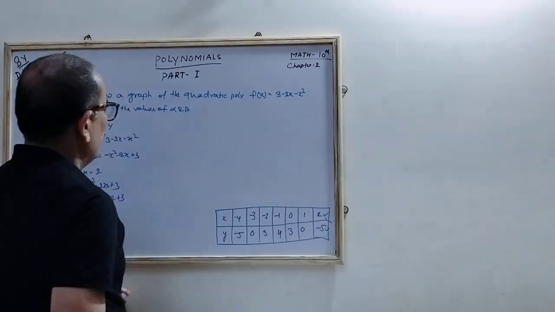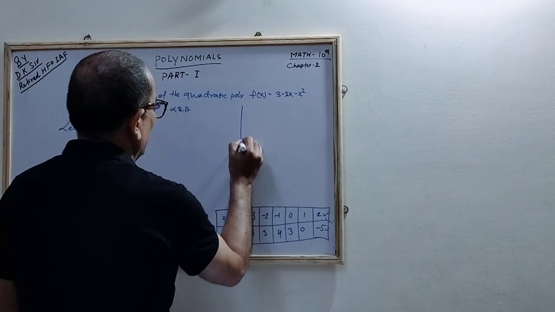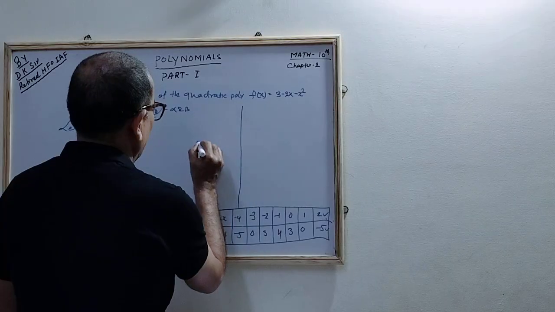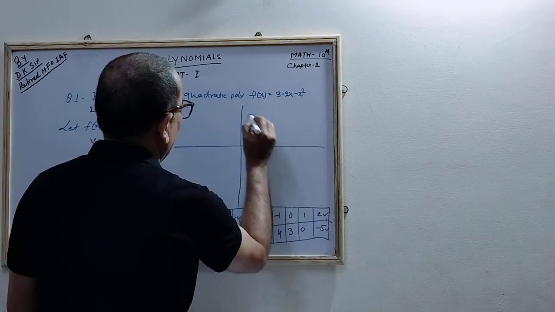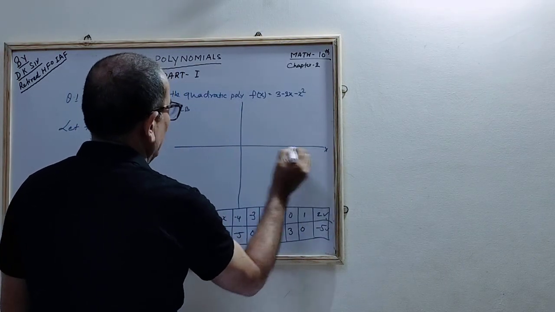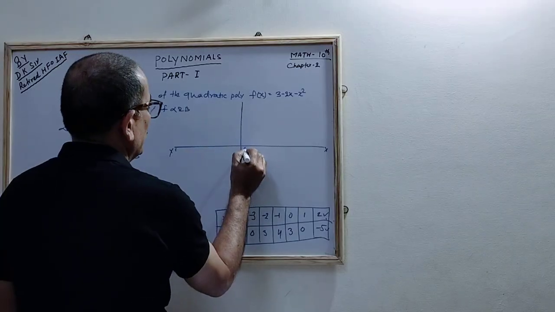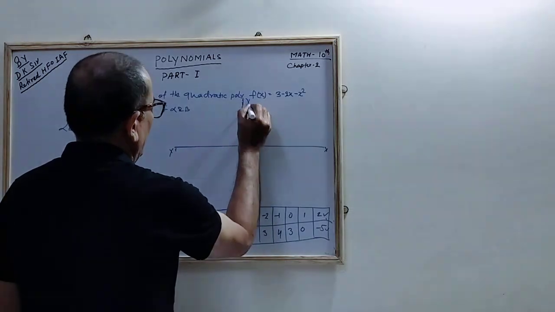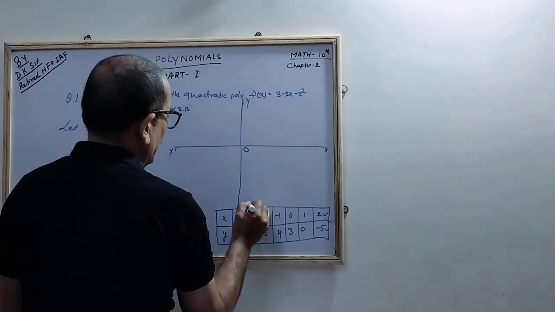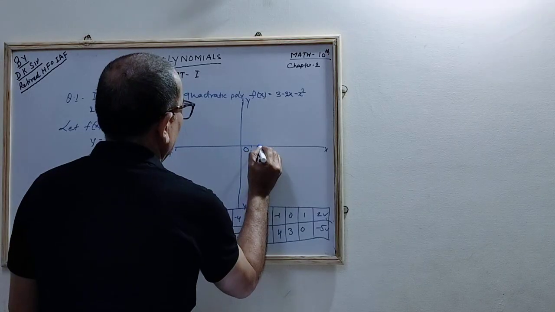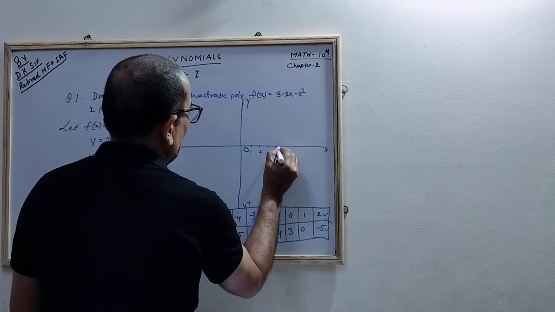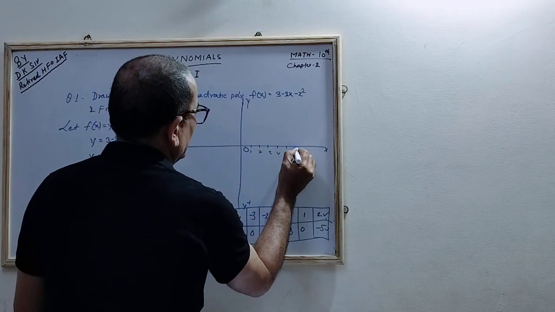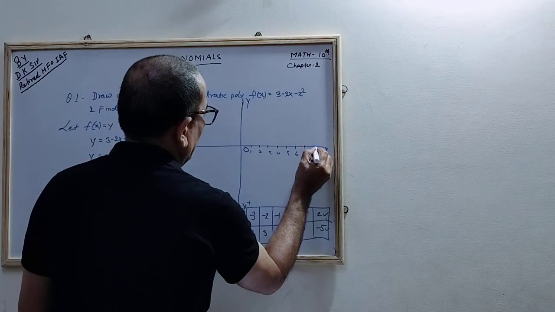Correct? Now how to draw the equation? You have to make it like this. Correct? So this is the x and the x dash. Correct? O is the origin. This is the y and this becomes the y dash. Correct? So you can write 1, 2, 3, 4, 5, 6, 7 and 8.